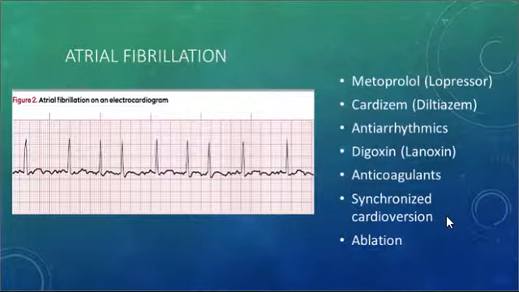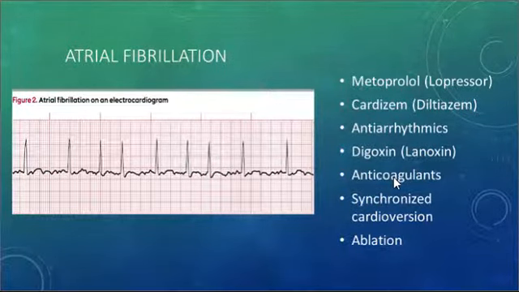Several drugs can be used. Metoprolol and Cardizem are both, metoprolol is a beta blocker, Cardizem is a calcium channel blocker. Some antiarrhythmics may be used. Digoxin is not used as often as it used to be because they're finding problems with it.